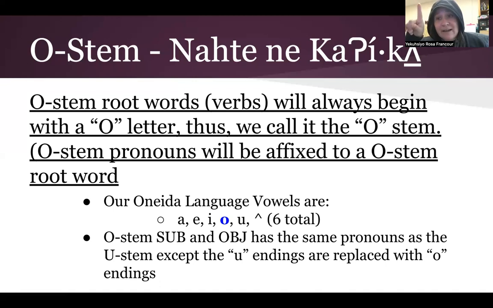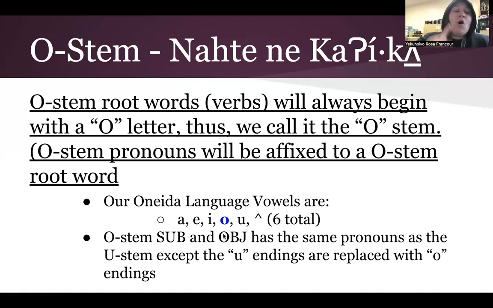There's a fake E stem, which we'll talk about later, but then there's a true E stem. That true E stem is the verbs that start with the E vowel, but the fake E is a little bit of a trick stem. I don't want to get into that now to confuse you, but just FYI.